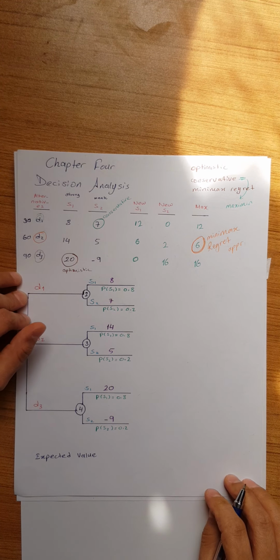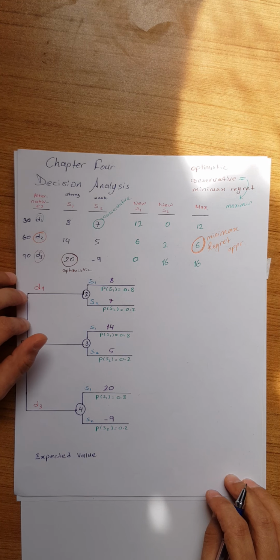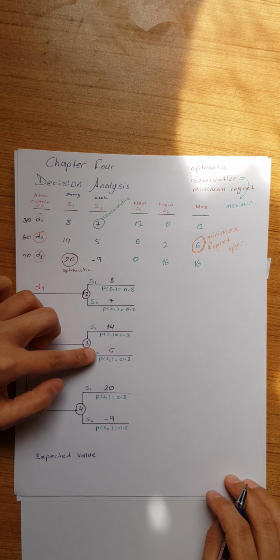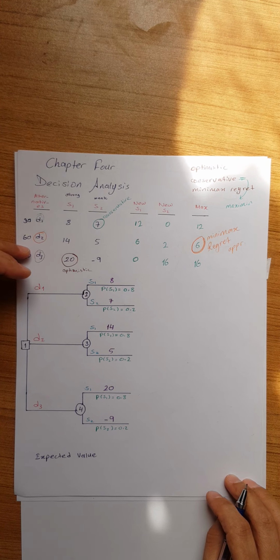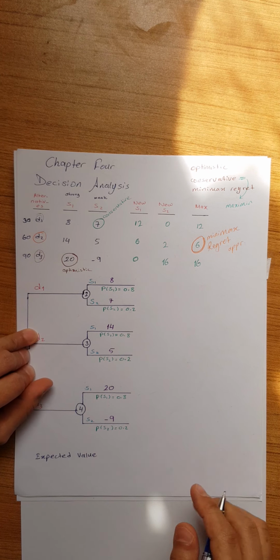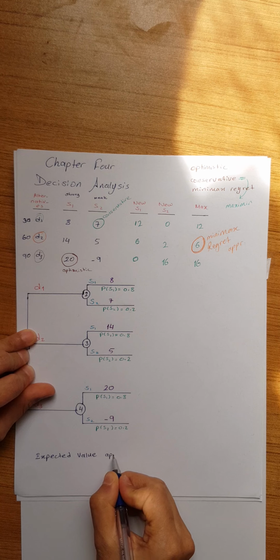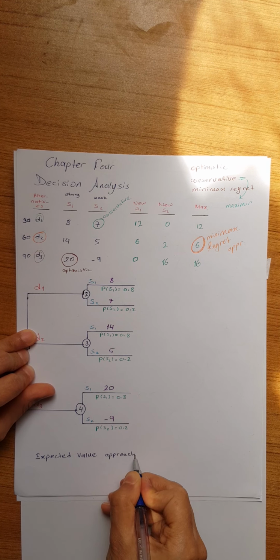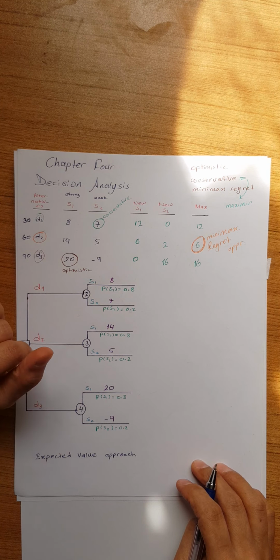If probabilistic information regarding the states of nature is available, if a probability for each state of nature is available, one can use the expected value approach. So we use the expected value approach when we have probabilities for the states of nature.